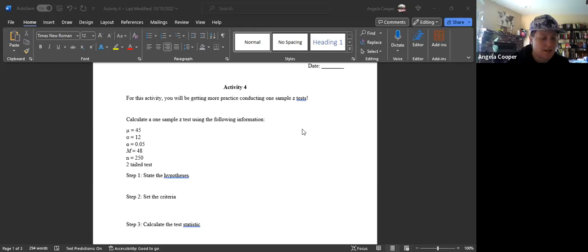The population standard deviation is 12, and alpha is set at 5% or 0.05. The sample mean is 48. Sample size is 250, and it is a two-tailed test.